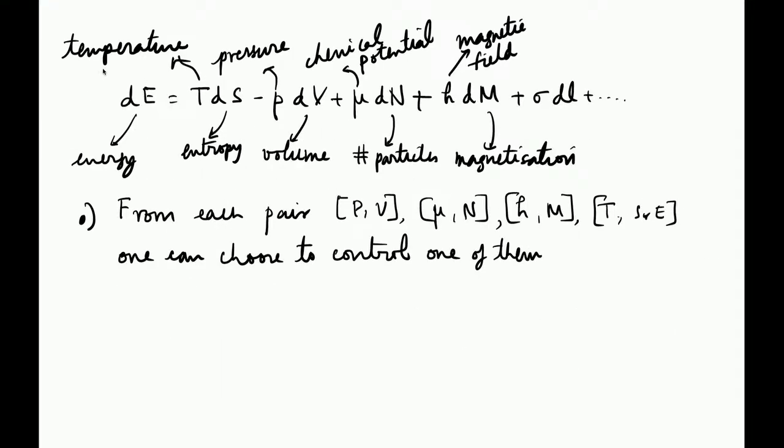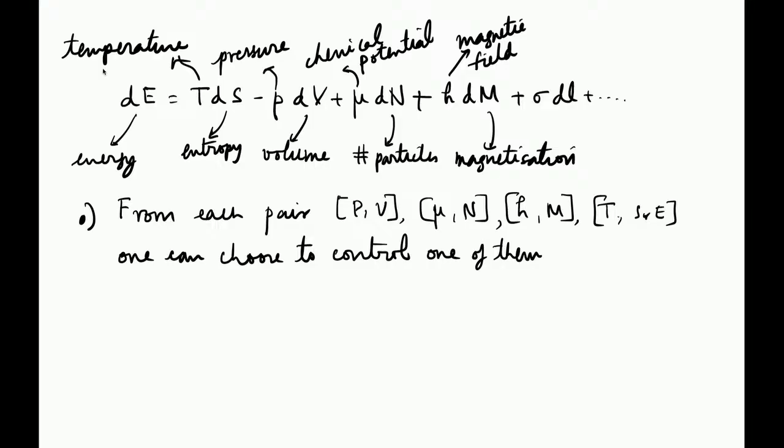What are these quantities? So dE is the change in energy, T is temperature, dS is change in entropy, P is pressure, and P dV is work done. Mu dN is chemical potential, N is the number of particles. Mu is like the work you do to change the particles by 1.